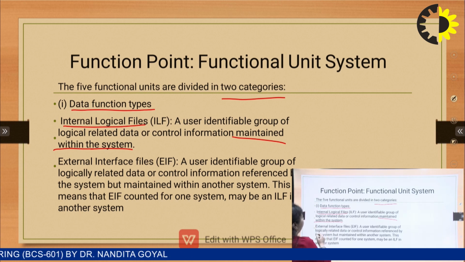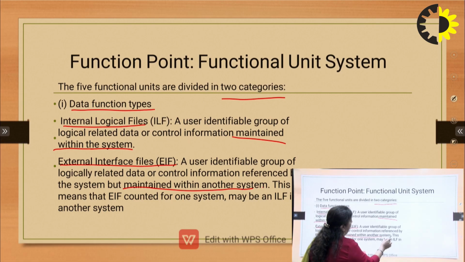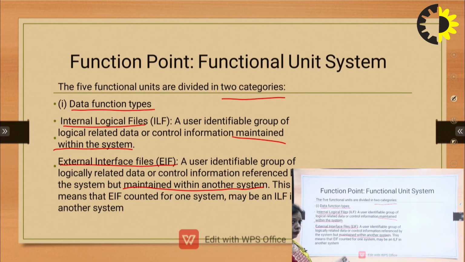And the second data function type includes the external interface files. These are actually outside my system. These are not maintained within my system, but within some other system, and are accessed through my system as external interface files. So these are the 2 data function types.